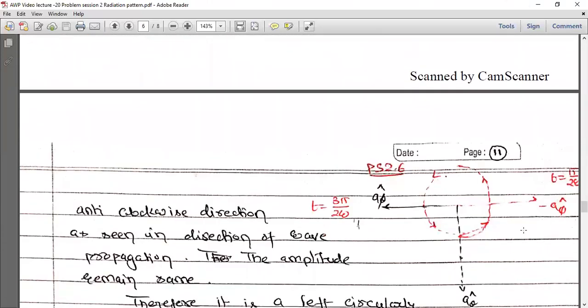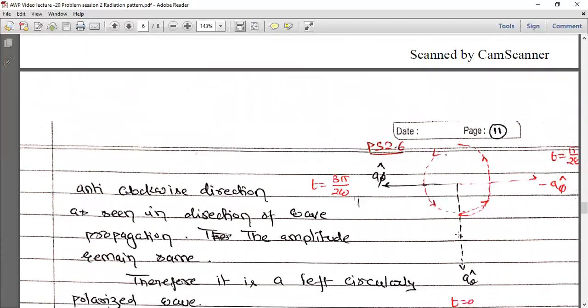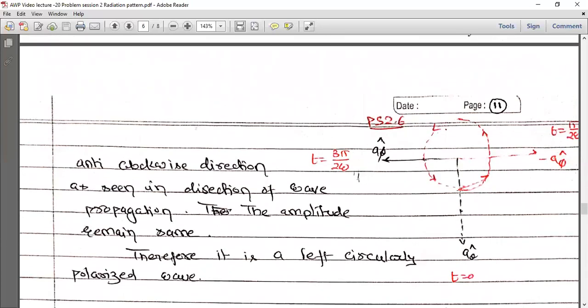So the same thing here, minus a phi cap will be on the right hand side of the observer, a phi cap on the left, a theta cap down, and minus a theta cap on the upper side. Initially, the electric field intensity phasor at t equals 0 is here. At t equals pi by 2 omega it is here, and it is rotating in this particular direction.